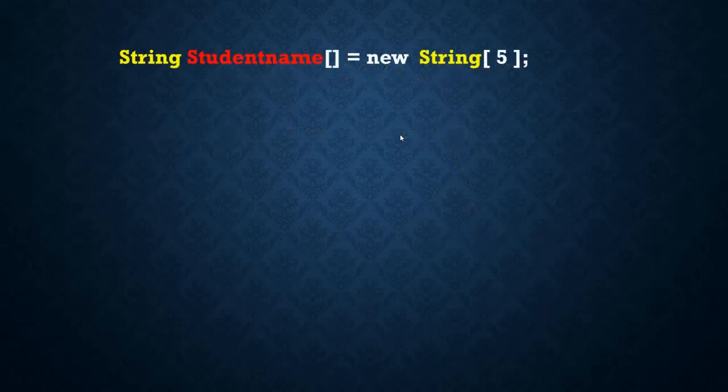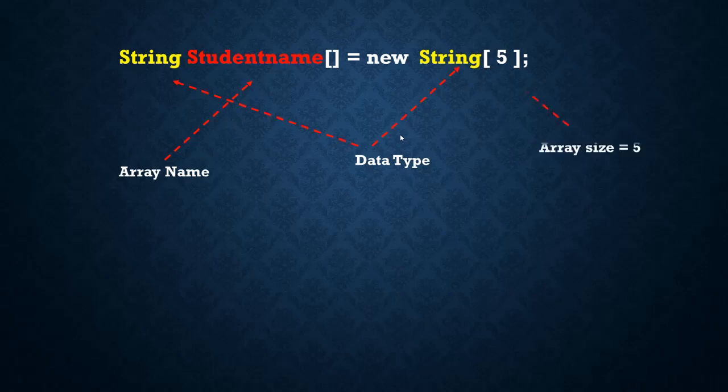Fine. Now look at this. String, student name, new string 5. String is the data type. Student name is the array name. And then you have to give the array size. I use 5 here, an integer.